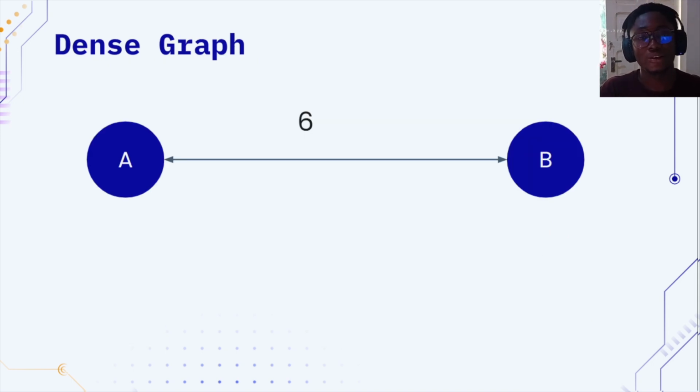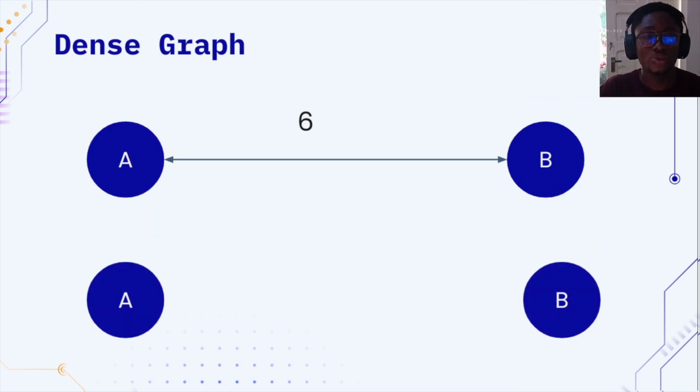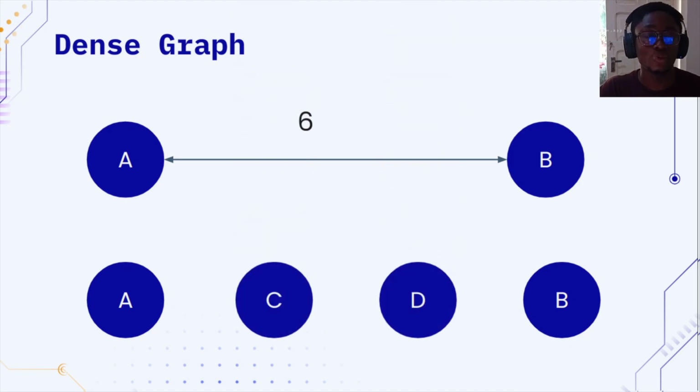All right. So now let's talk about dense graph. What is a dense graph? So given A and B, what we do is we segmentize. If you don't want to use the word dense, we essentially use segmentize. By segmentizing, we introduce intermediary nodes between the already existing nodes, and then we have our edges as so.